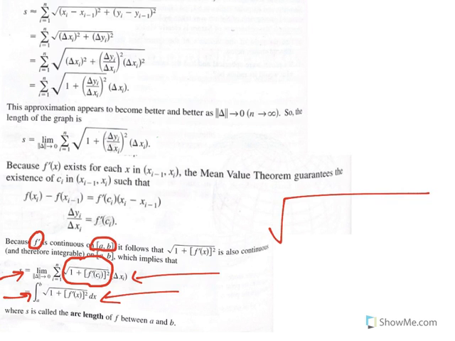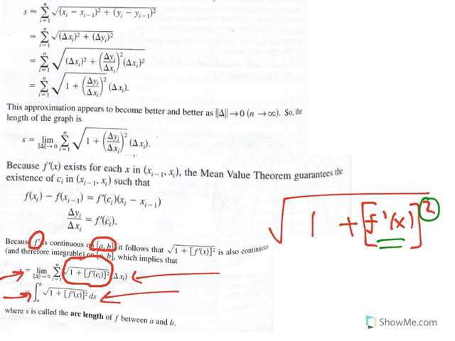And so, look at this here. You have f prime of x, which we know to be continuous on the closed interval from a to b. We have the square of that. The squaring function is continuous. It's just f of x is equal to x squared. So you have a composition of f prime with the squaring function. If you have a composition of two continuous functions, the composite function will be continuous.